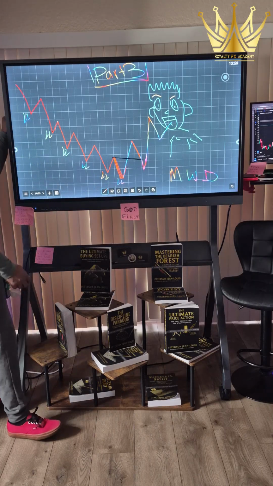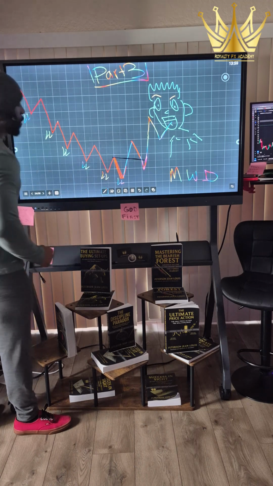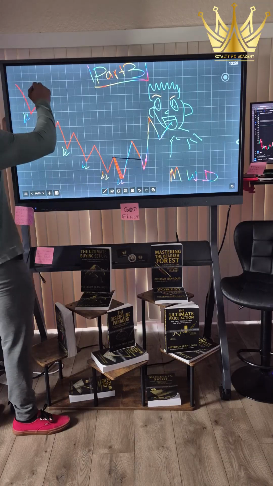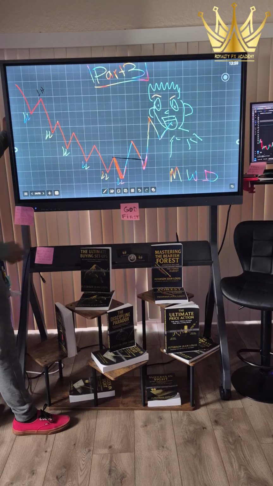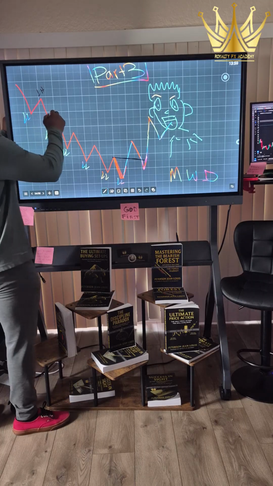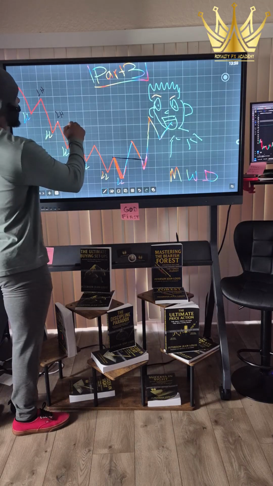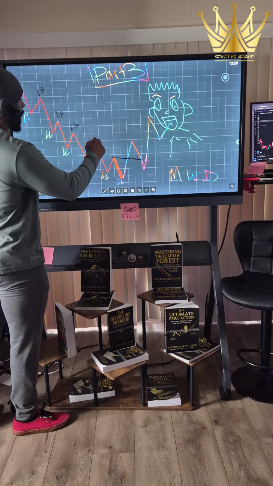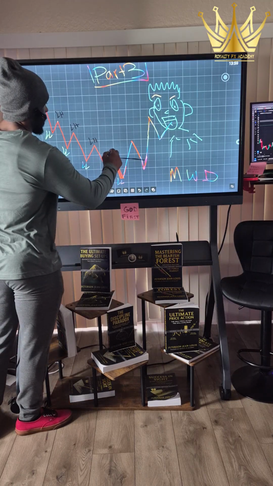After every lower low, look for the market to give you a lower high, and after each lower high, you get a lower low. I mean lower highs, because yes, it's a high, but they're getting lower. Each high is lower than the previous high.